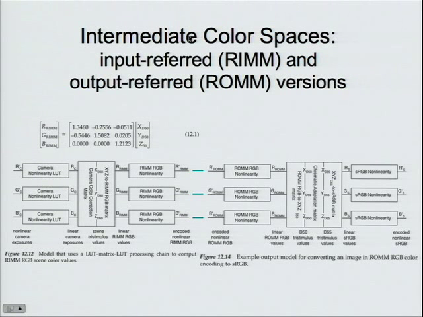The intention there is that the numbers in that space represent the intensity ratios in the scene that you took a picture of. And reference output means that the numbers there represent the intensities of the photographic reproduction that you're making. And so it's in getting from the input referred space to the output referred space that they do the rendering, and they chose the space in such a way that it's a good place to do that rendering.